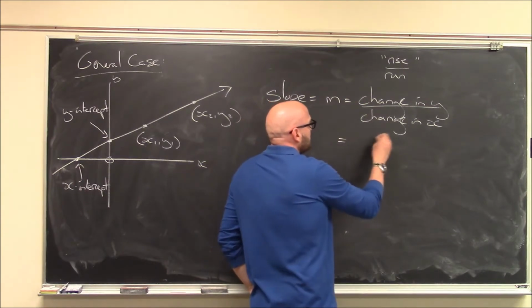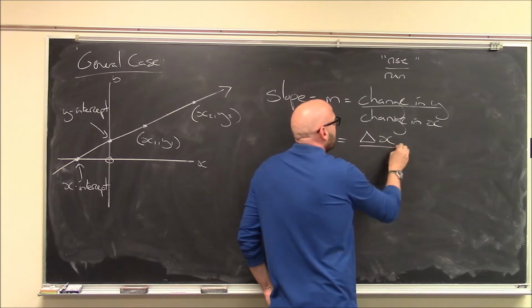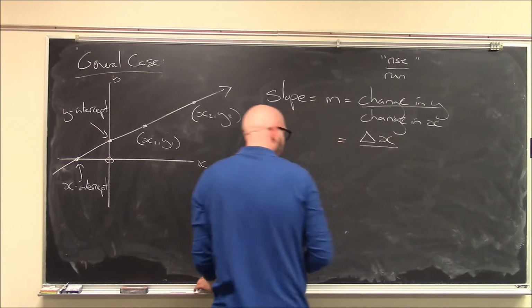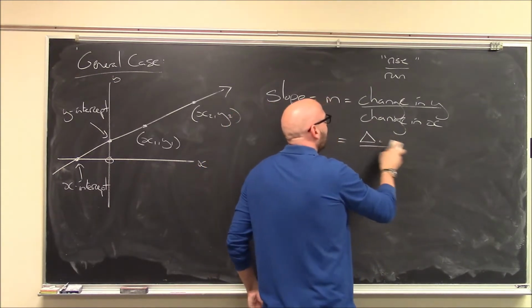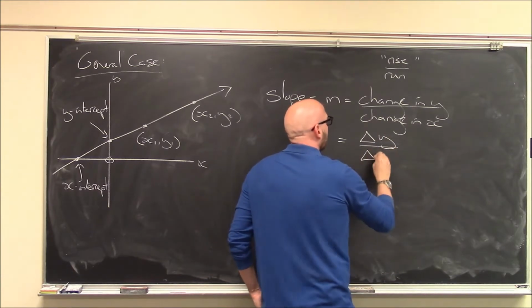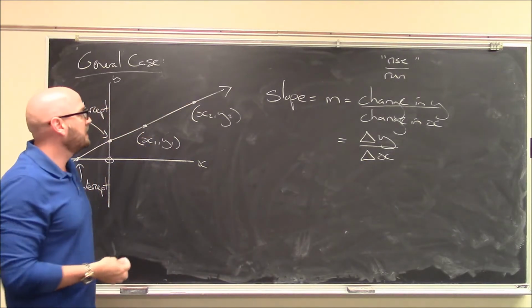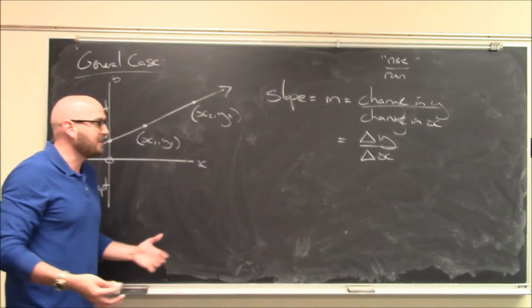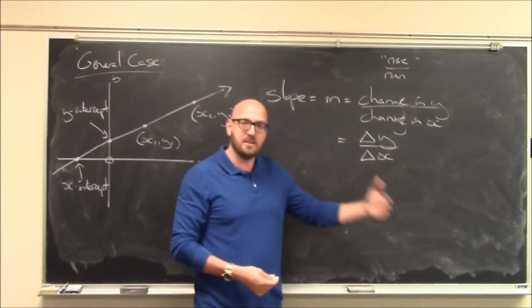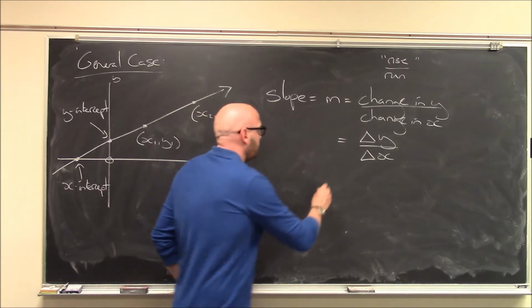And mathematicians are notoriously lazy, so this just became delta y over delta x, where this Greek letter capital delta in mathematics universally represents some sort of change, some sort of differential. So it's the change in y over the change in x.